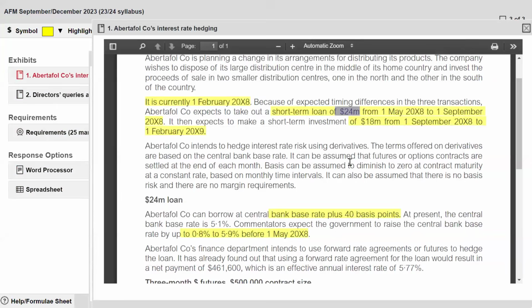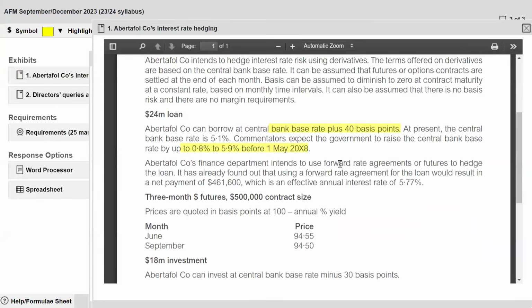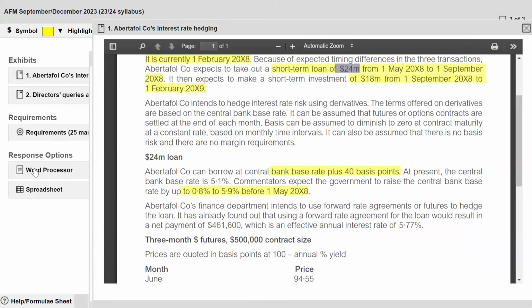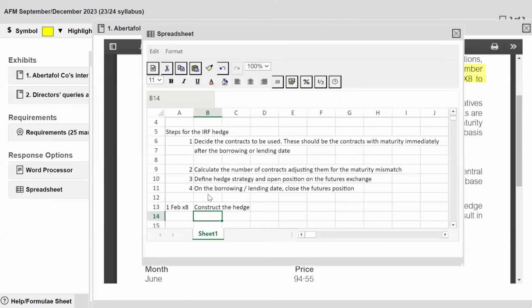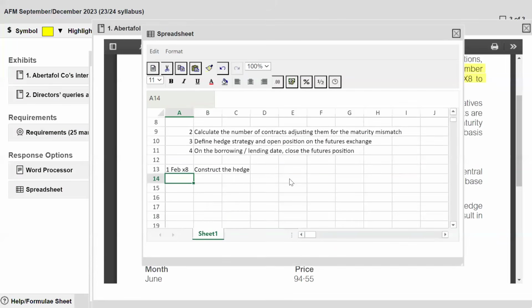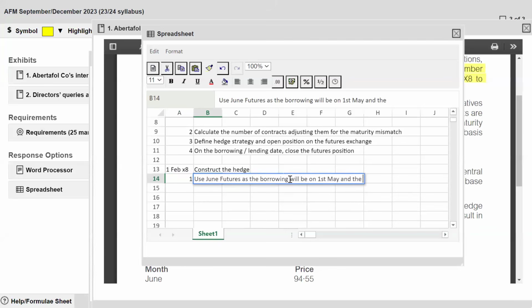How would you construct the hedge? Use June futures as the borrowing will be on 1st of May and the June futures are closest to it.